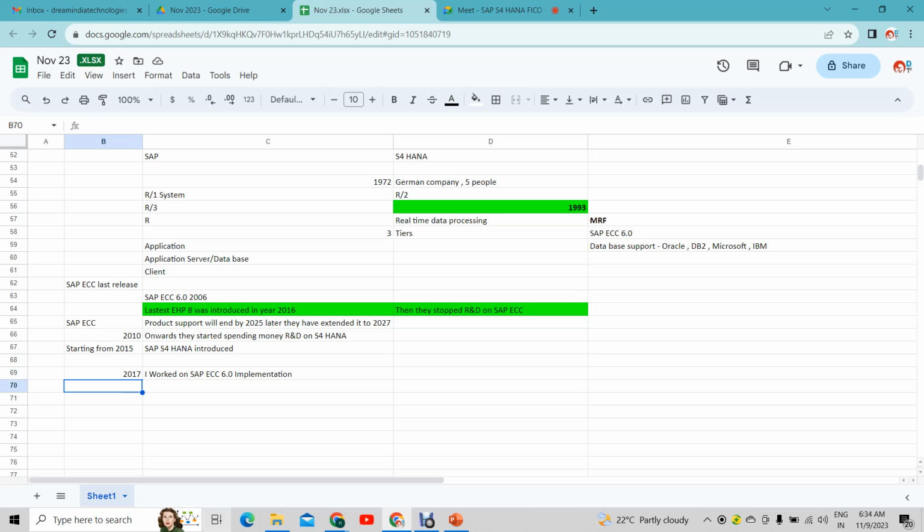Then the other point I'll tell you: maybe in 2019, I was supporting SAP ECC maybe 5.0. Is it a right statement or wrong statement? Wrong, 6.0.